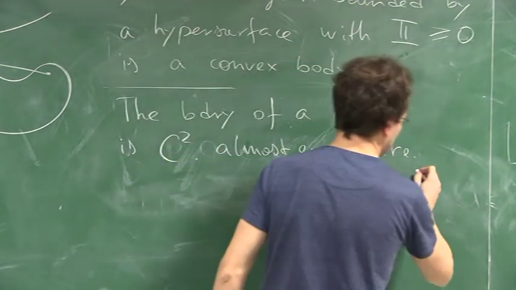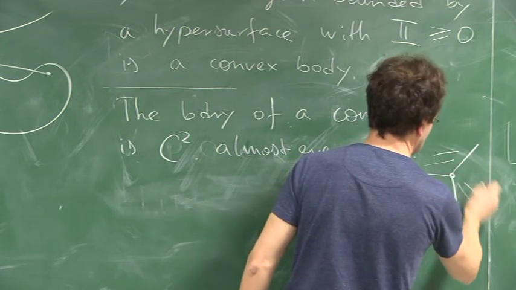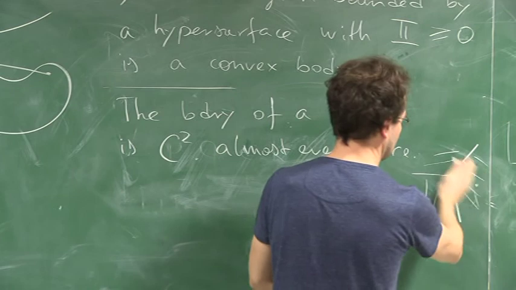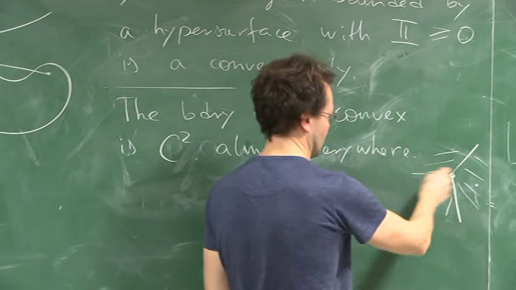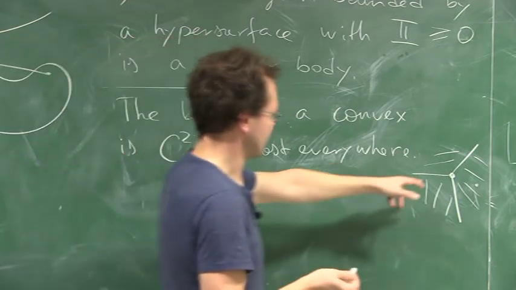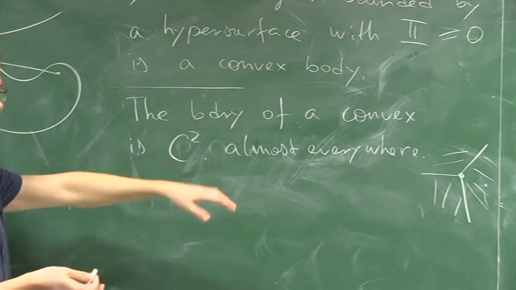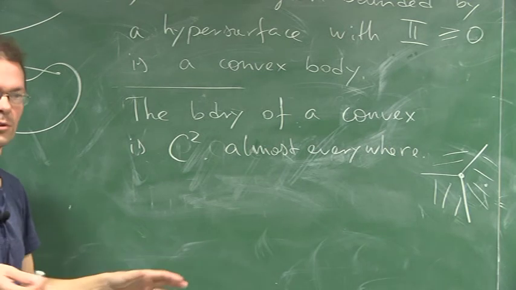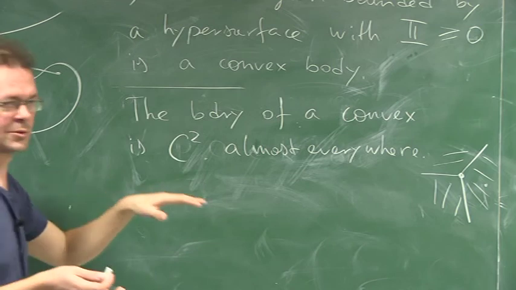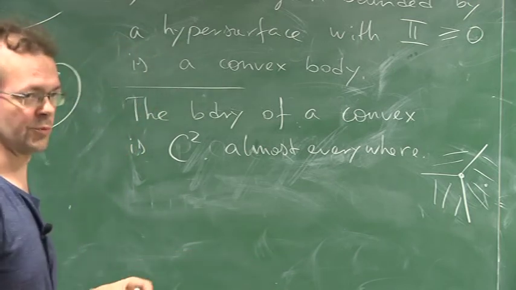So if this is a part of a three-dimensional polytope, then every point here is flat, it is smooth. Only the points on the edges and the vertices are non-smooth. But on the other hand, the most interesting things for polyhedra happen at the edges and at the vertices. So if you say it is C2 almost everywhere, therefore we can just study only the smooth theory and everything else can be derived from here, then this is false, because if you study the convex bodies, you also must look at the non-smooth points.